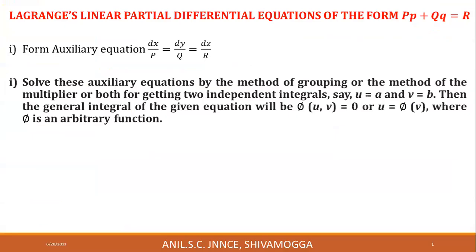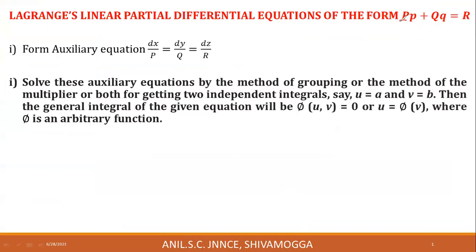Last part of this module, partial differential equation, last part. Lagrange's linear partial differential equations of the form Pp plus Qq is equal to R. You'll be given a differential equation in this form to solve.